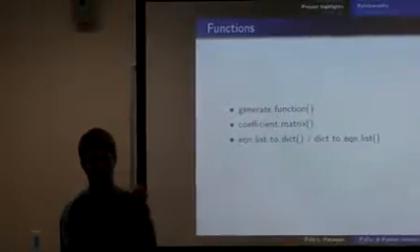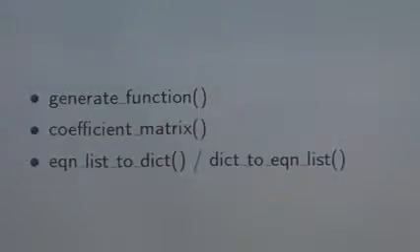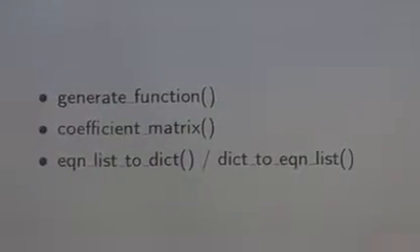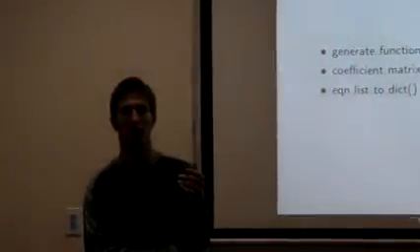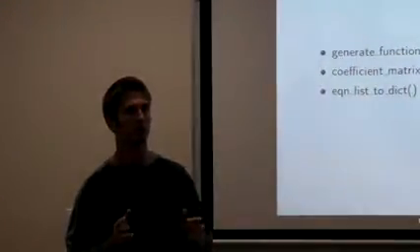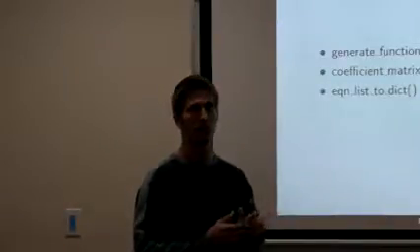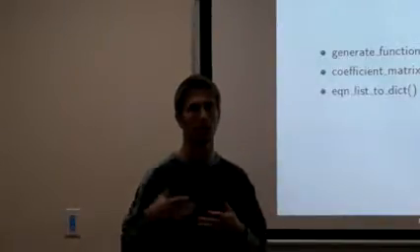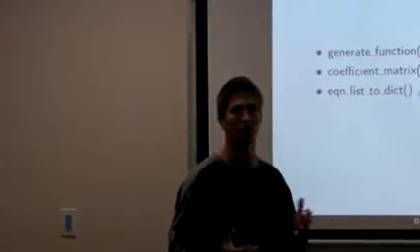The generate function is essentially what you're doing as you're going through and analyzing your system: you come up with all these symbolic expressions for the kinematics and the dynamics, and then at the end of the day, you do your simplifications, you make them as nice and clean as possible, and then you want to take these equations you've generated symbolically and create a Python function that you can execute and study numerically.